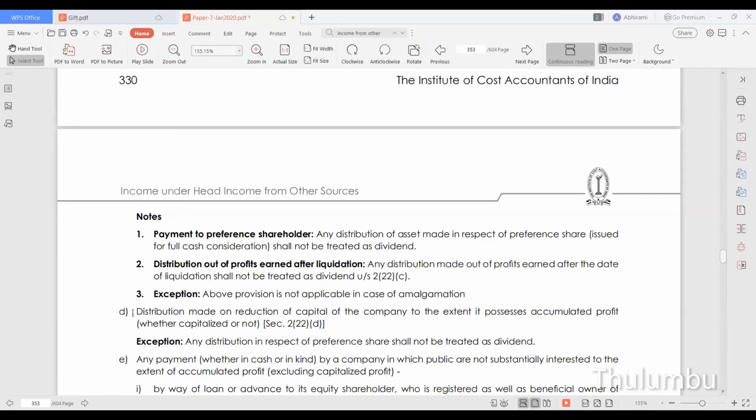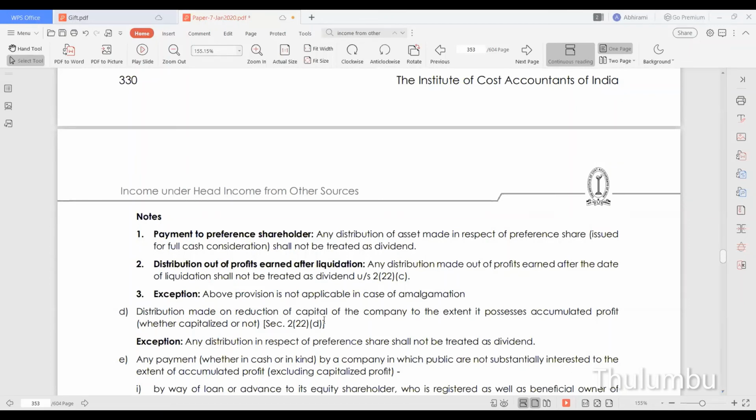Then item D, distribution made on reduction of capital of the company to the extent it possesses accumulated profit. In my balance sheet I have share capital amount. When you do business restructuring, say I have capital amount of 1 lakh, and I reduce the shareholders' capital instead of giving dividend.